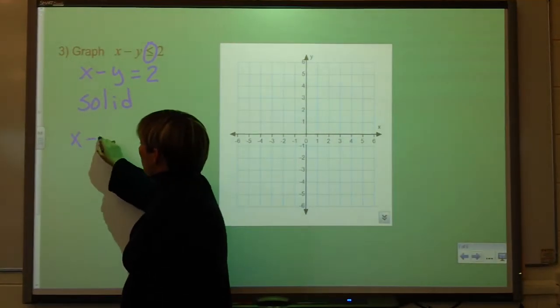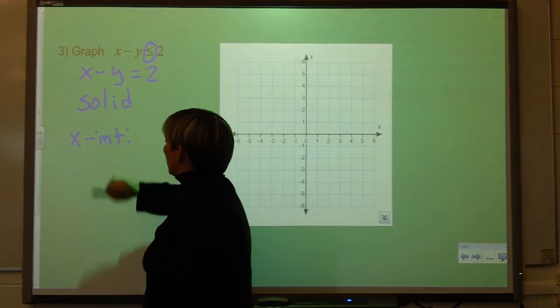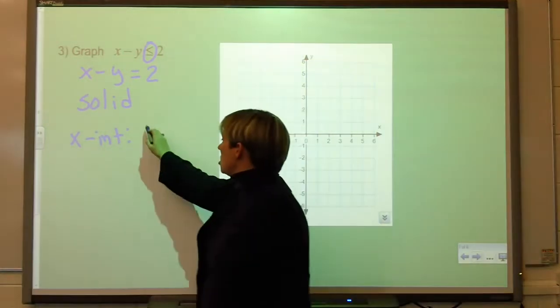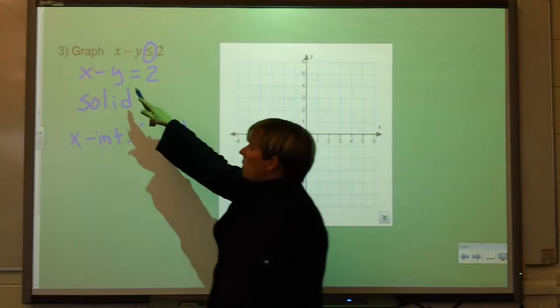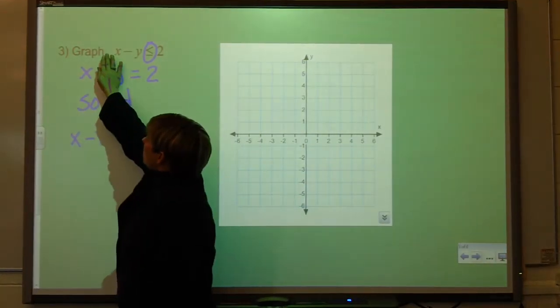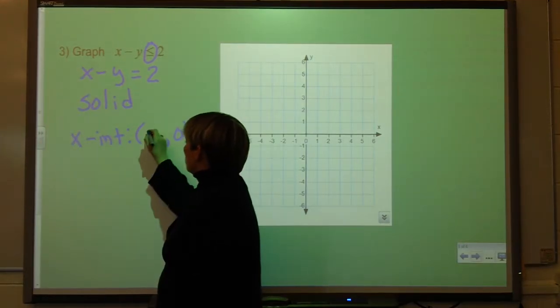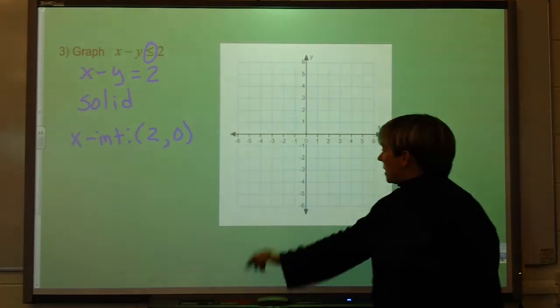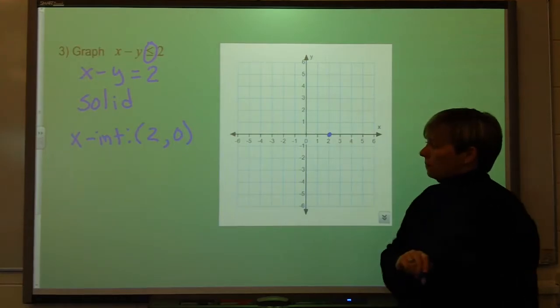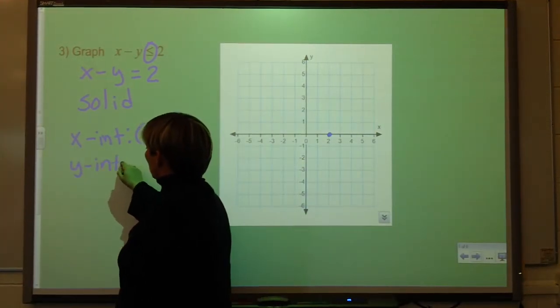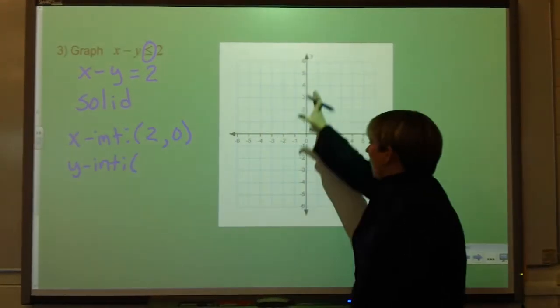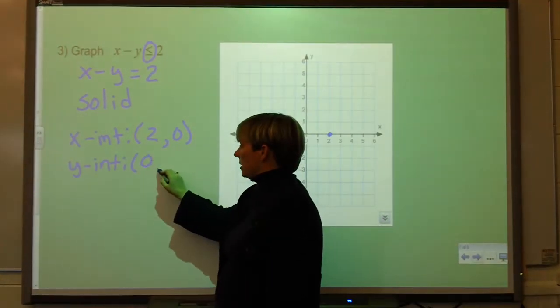So my x-intercept here, remember x-intercept is on the x-axis, so that means I have a y-coordinate of 0. Well, if I plug 0 in for y, this is going to go away, and I'm going to have x is equal to 2. So my x-intercept is going to be 2, 0. My y-intercept then means that I'm sitting on my y-axis, which means my x-coordinate is 0.